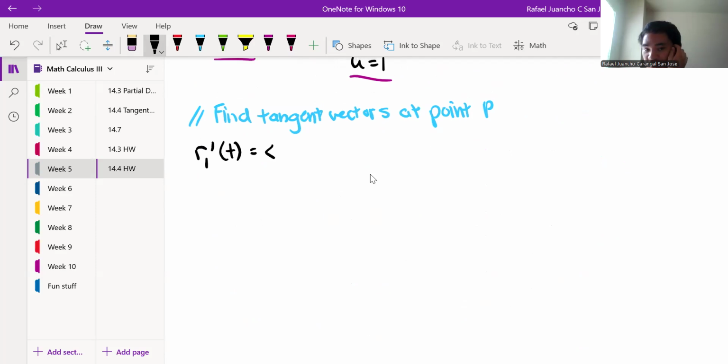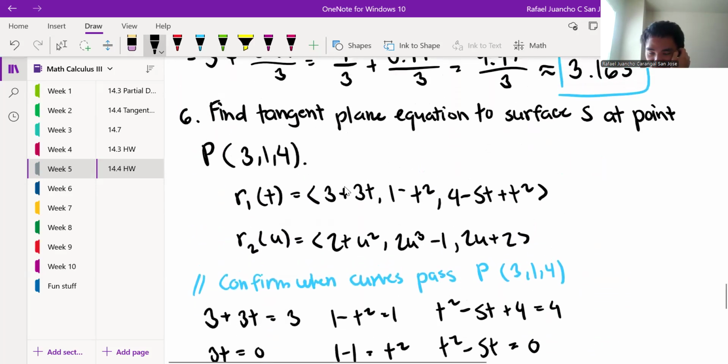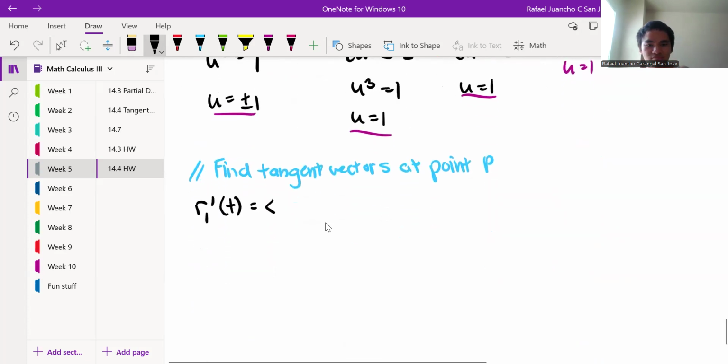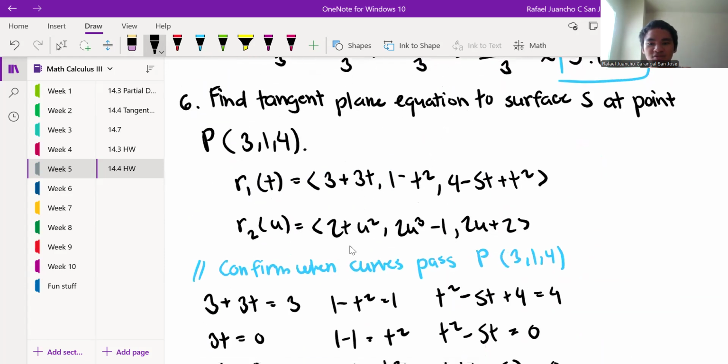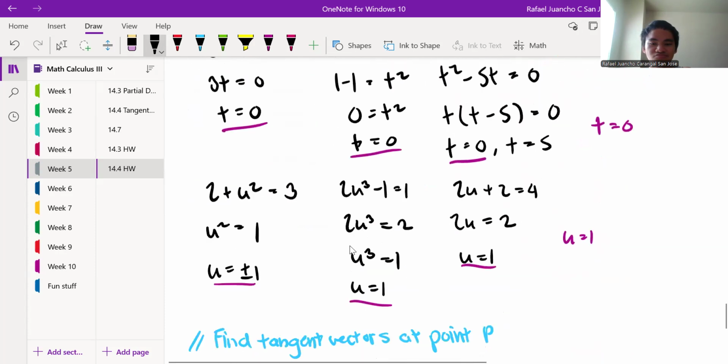We get the derivative of each component function. 3 plus 3t gives just 3. 1 minus t squared gives negative 2t.